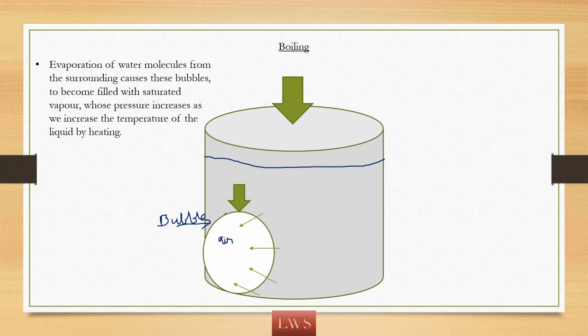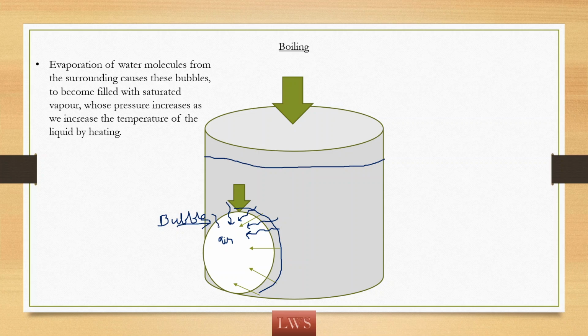Now what happens in the surroundings? In the surroundings of this bubble, because of the rise in the temperature of water, it gets converted to steam, that is gas, and enters into this bubble. So here water is evaporated, converted to gaseous form, and enters into this bubble.